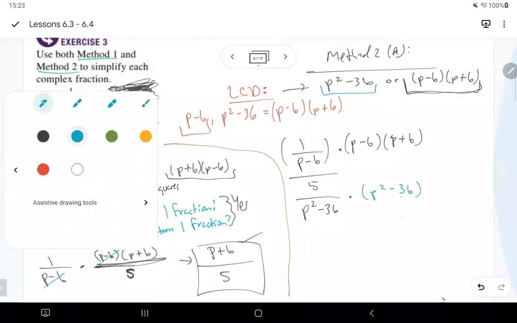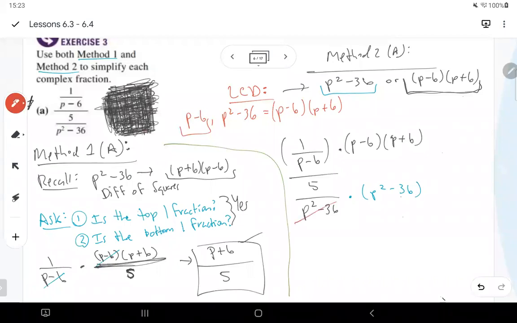And you can see that all of them cancel: p squared minus 36, p minus 6, p minus 6. So then your overall answer is the same, p plus 6 over 5.